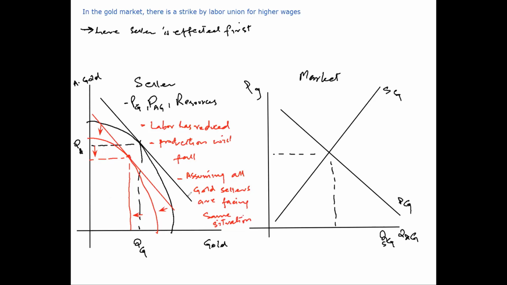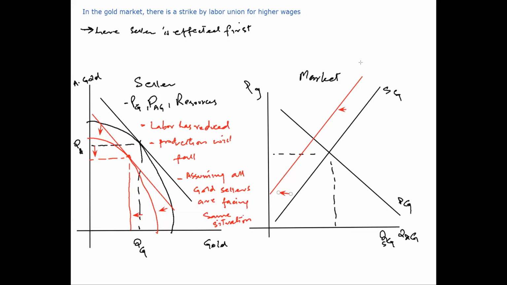Since resources have been reduced, there is a decrease in supply for gold. And you notice that this supply curve is shifted leftward. Why? Because in the producer equilibrium the PPF has shifted backward. Here prices are not changing, but for any particular price, the quantities of gold and artificial jewelry are reduced. So the supply curve shifts leftward.